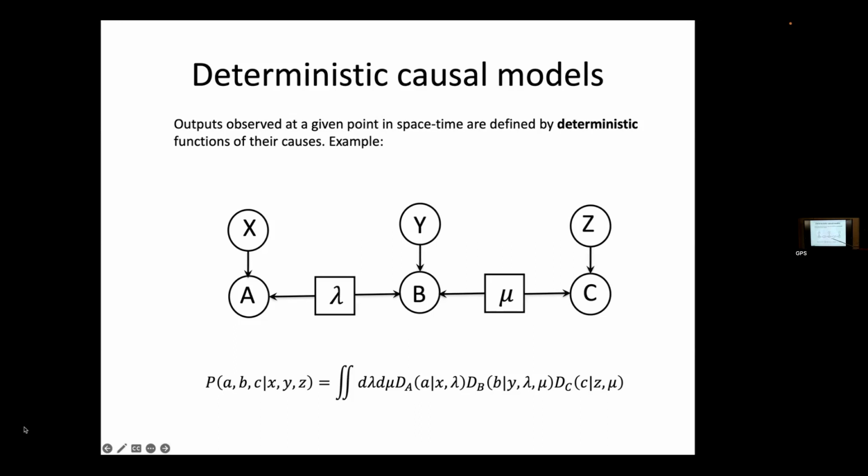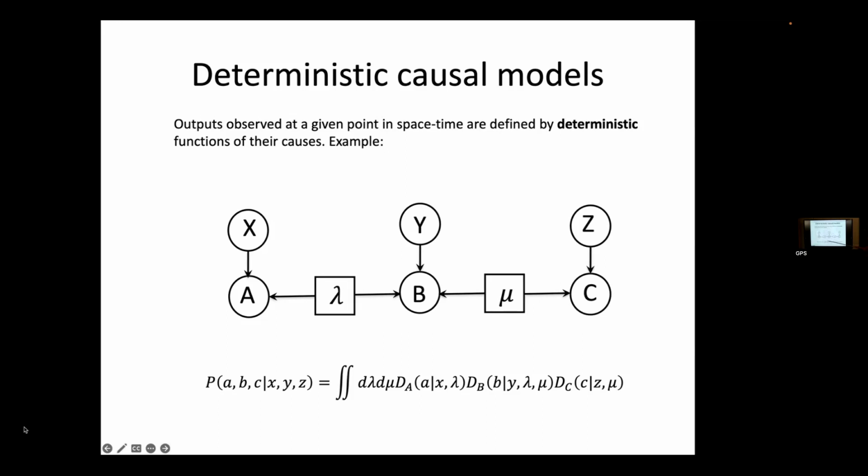So if you tell me this is the causal network describing your experiment, then it follows, if I impose that things are deterministic, that the statistics I will see is just, since I don't have access to lambda and mu, so I sum over them.